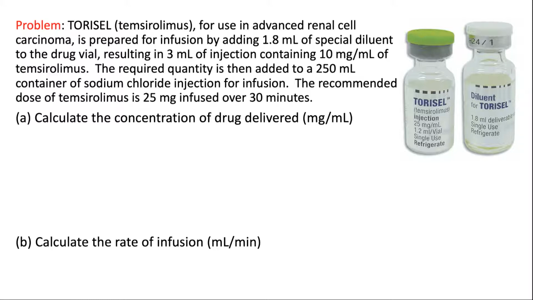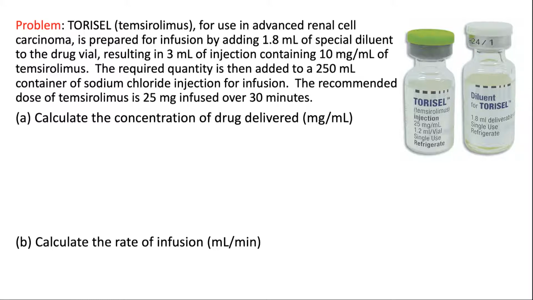So now going on, it says, the required quantity is then added to 250 milliliter container of sodium chloride for injection to be infused. Okay, so we have add the drug to 250 milliliters of sodium chloride. And then the recommended dose for temsirolimus is 25 milligrams infused over 30 minutes.